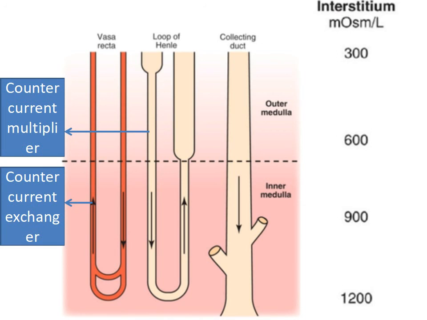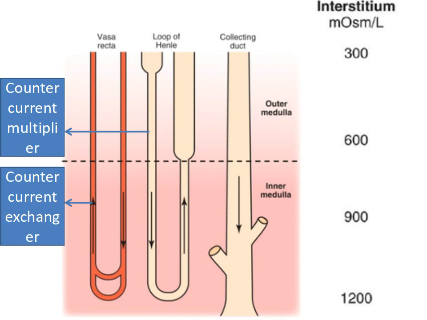Concentration of urine occurs in the collecting duct. Because of the increased osmolarity in the interstitium, water will move out of the collecting duct into the interstitium, and that is under the influence of the hormone ADH or vasopressin.